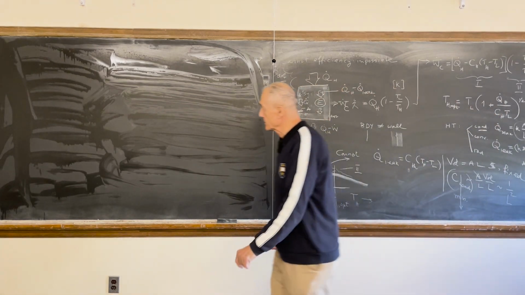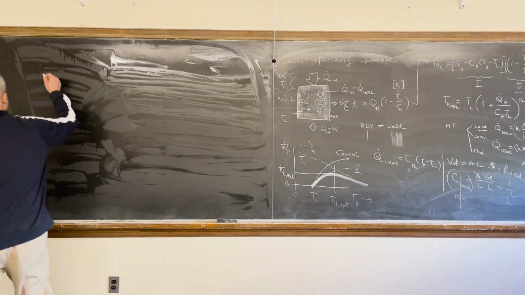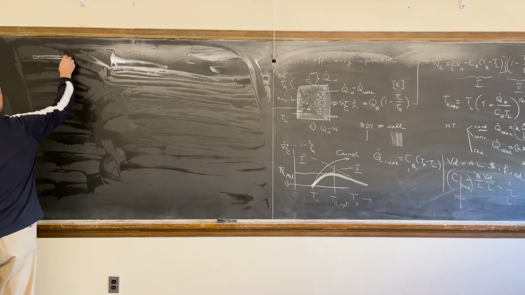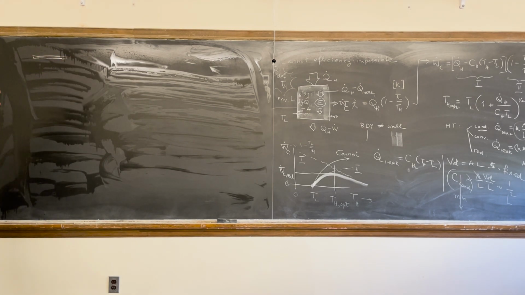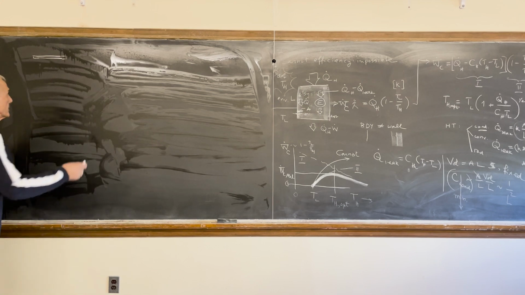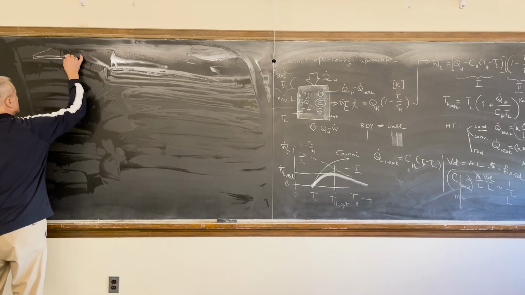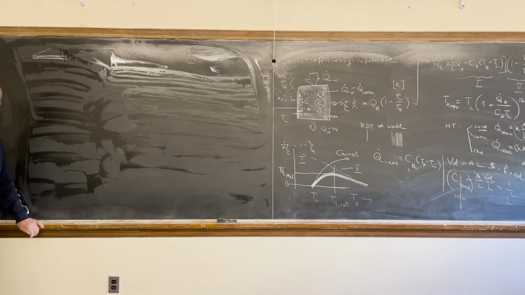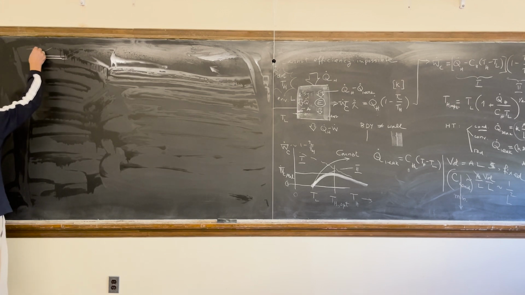and I'll sketch it here. That's the view in profile. In other words, the actual thing is long the other way. And above it, there's a flow of high temperature.